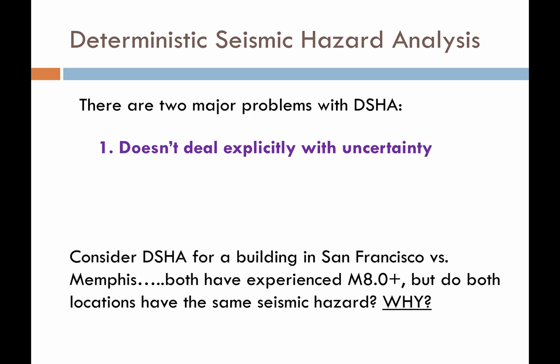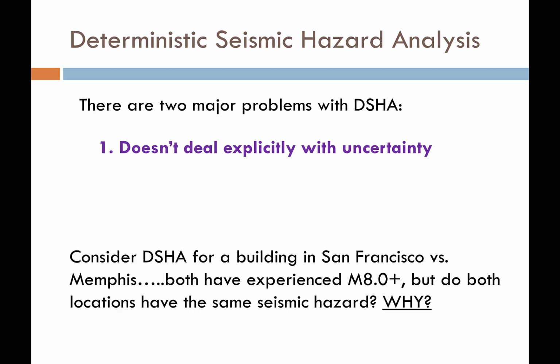The first is that nowhere in that process that we just walked through did you deal at all with the likelihood or any of the uncertainties associated with the problem.